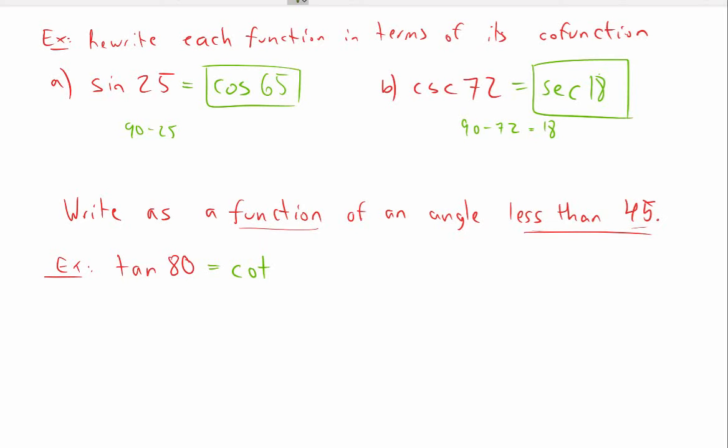And then I will change the angle to its complement. 90 minus 80 is 10. So I could rewrite tangent of 80 as cotangent of 10. And now I have a function of an angle less than 45 degrees. Any acute angle is either less than 45 degrees or its complement is less than 45 degrees.